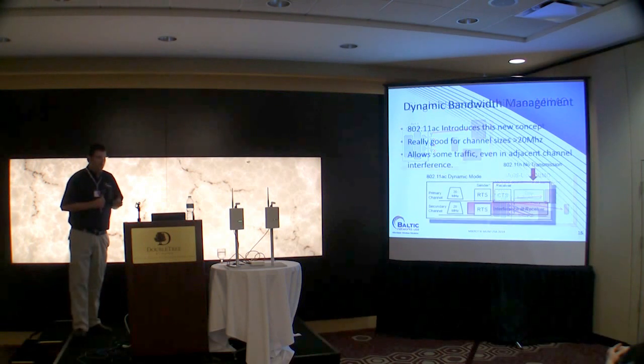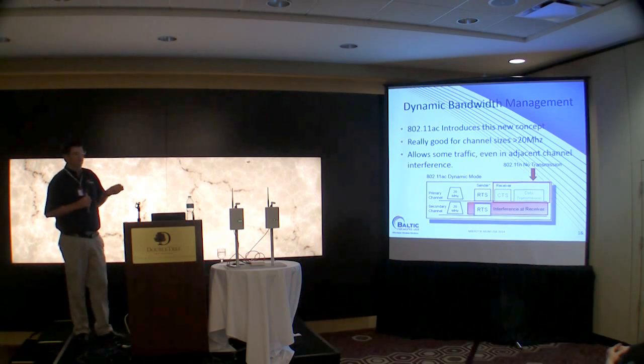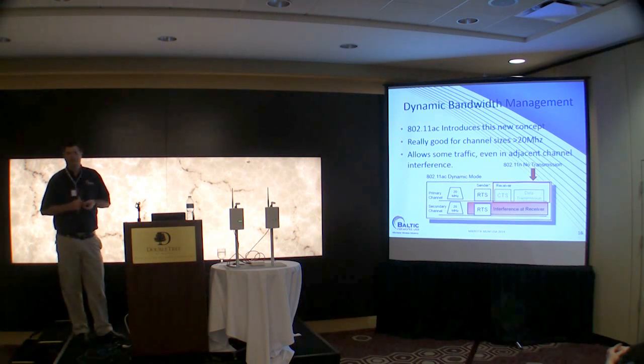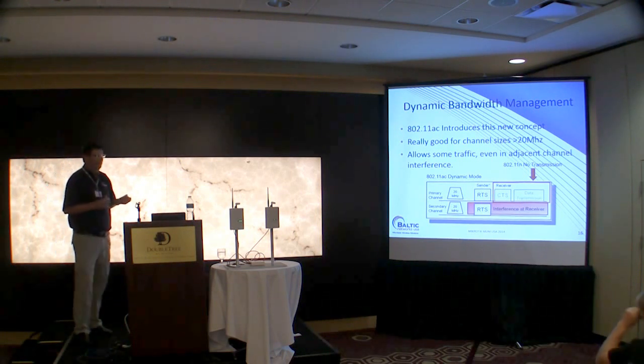Another cool feature for the WISP with AC over 802.11n is that it introduces this concept of dynamic bandwidth management. It's really good if you're using channel sizes greater than 20 megahertz. And the sweet spot in most of your instances, I'm guessing, will be 40 megahertz.